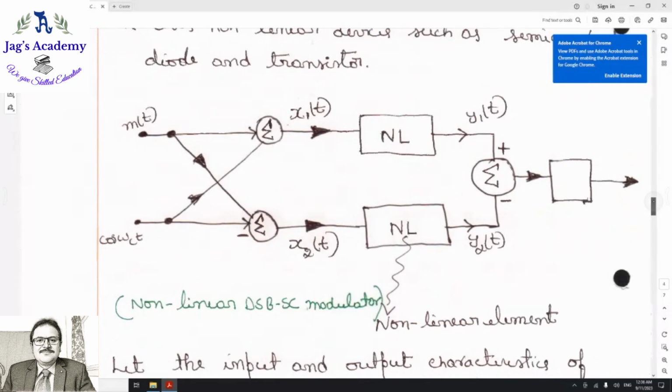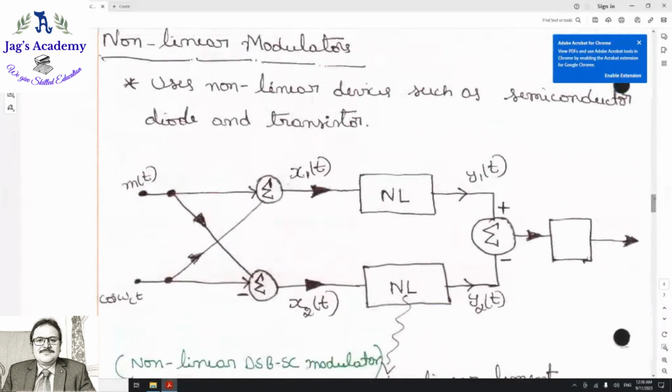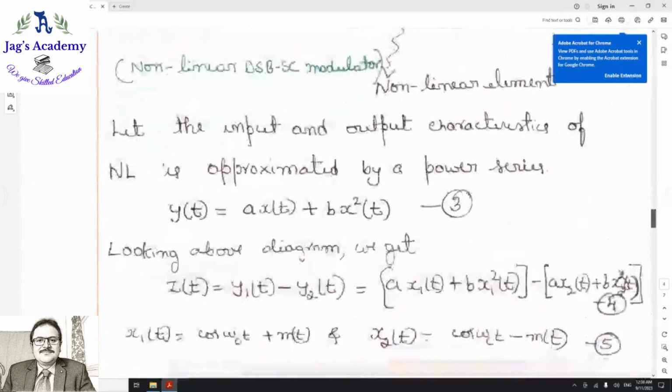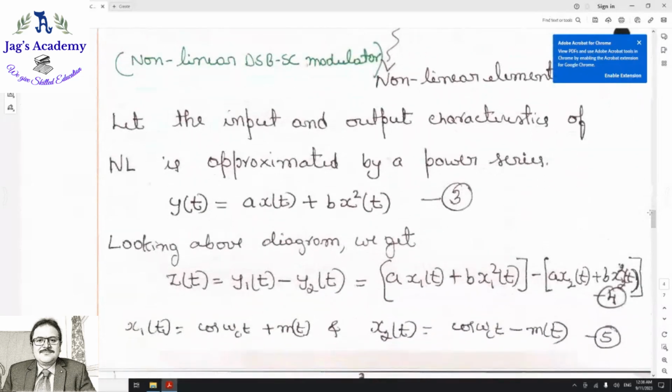Now let us see, I told you this y1 of t follows the nonlinear device equation, that is square law. Now let us see this. See here, your y of t is equal to a into x of t plus b into x square of t. This is what the nonlinear relation is.